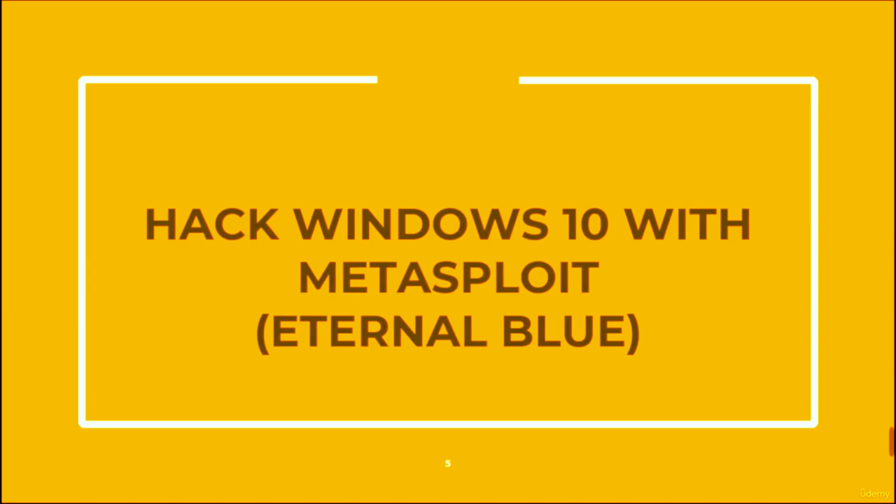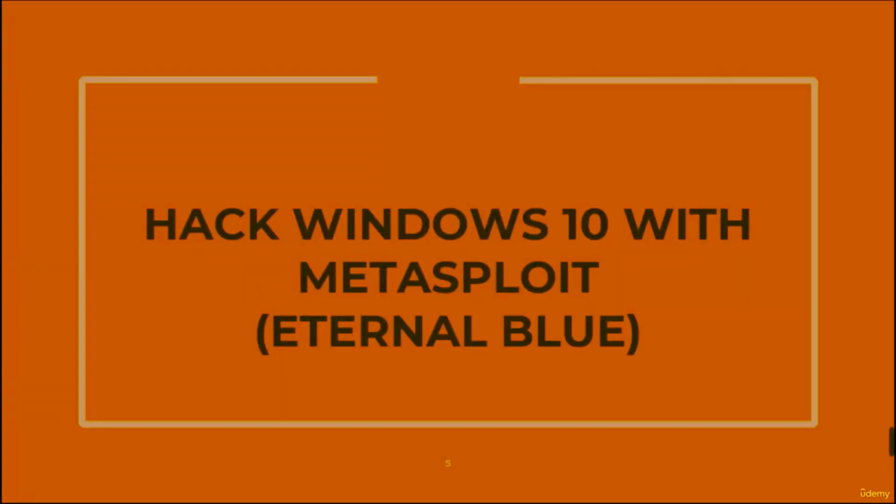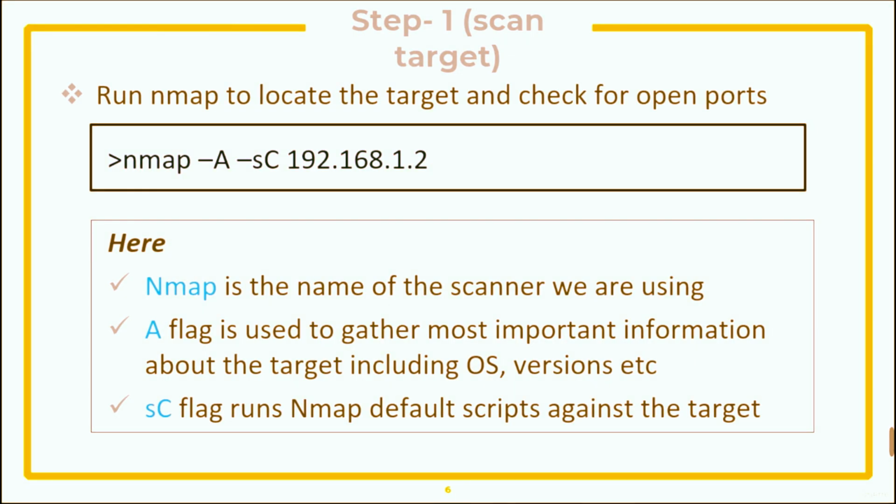Now let's see how we can hack Windows 10 with Metasploit. First of all, we need to scan the target. Run nmap to locate the target and check for open ports. Give the command as shown on the screen. Nmap is the name of the scanner we are using.